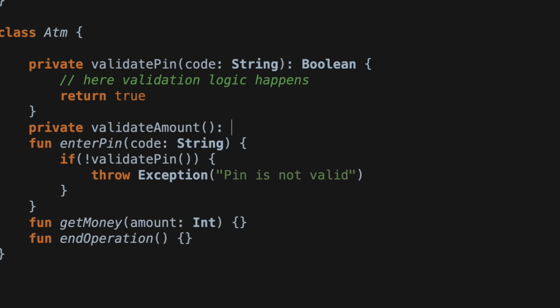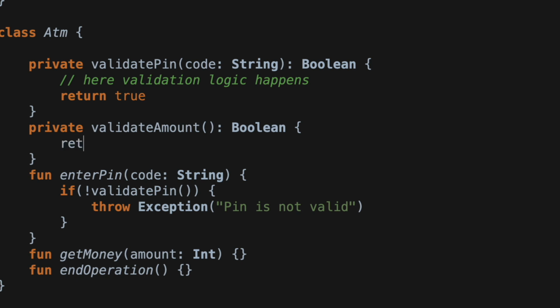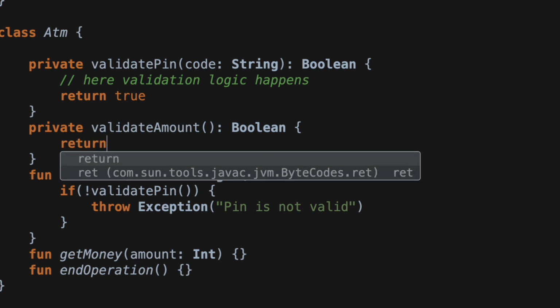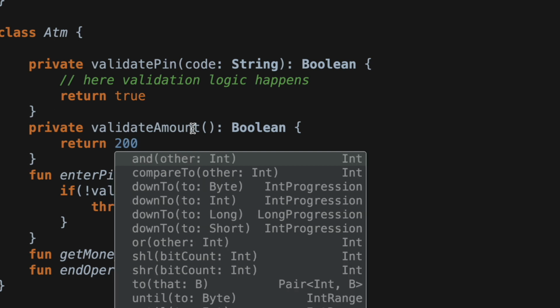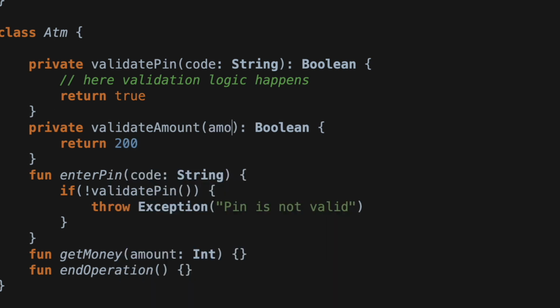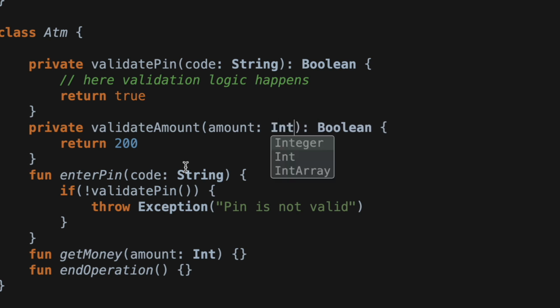And also let's return boolean, and here I will just simply return, I don't know, that our amount int is less than 100.